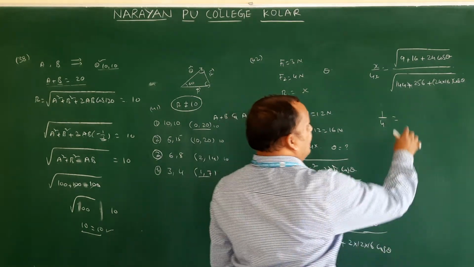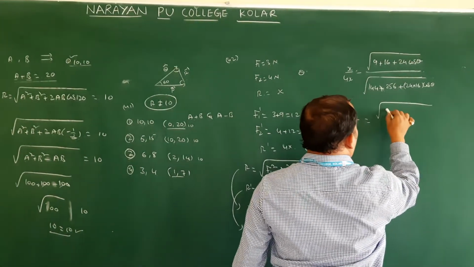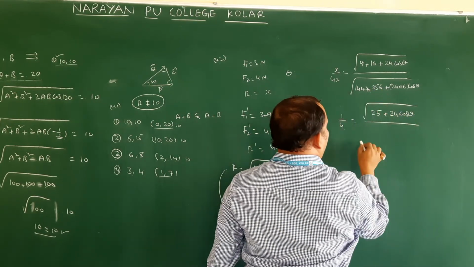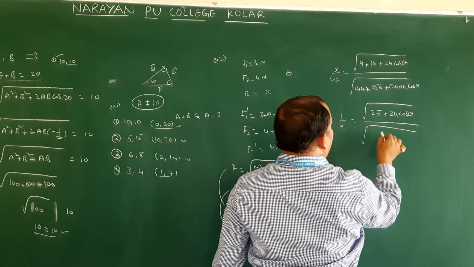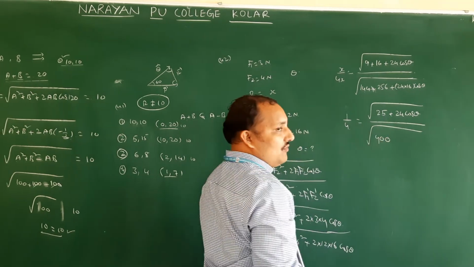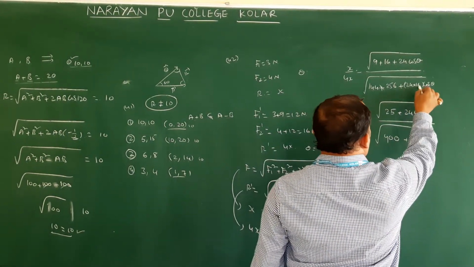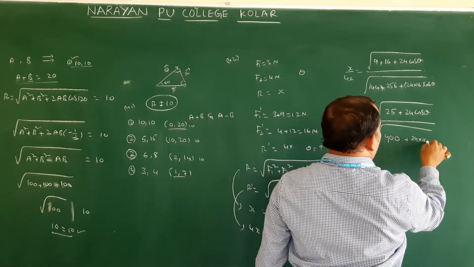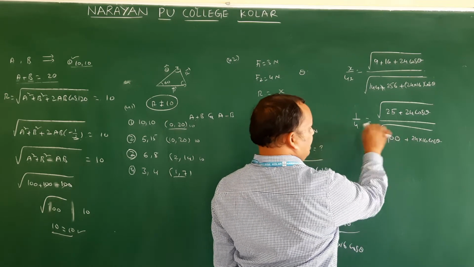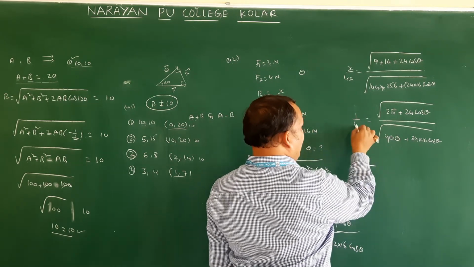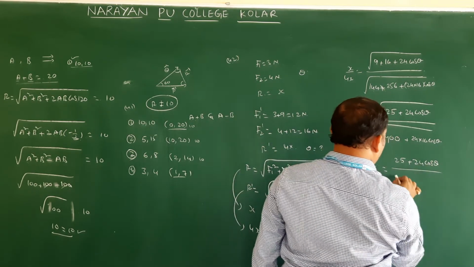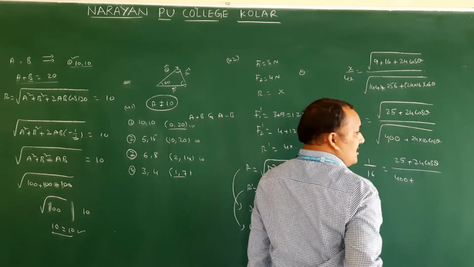So 1 by 4 is equal to root of 9 plus 16, 25 plus 24 cos theta, divided by root of 400 plus 24 into 16 cos theta. Squaring on both sides to cancel the square: 1 by 4 squared is 1 by 16, 25 plus 24 cos theta divided by 400 plus 24 into 16 cos theta.